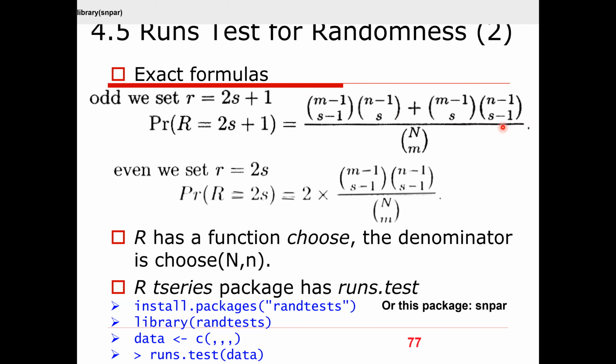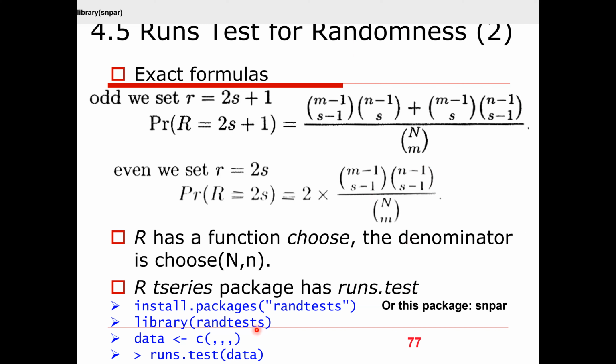This is the probability of having r runs. And if N is even, then things are simple. We can just double this rate. The probability of getting r runs is this much. So this is theoretically how we calculate it.